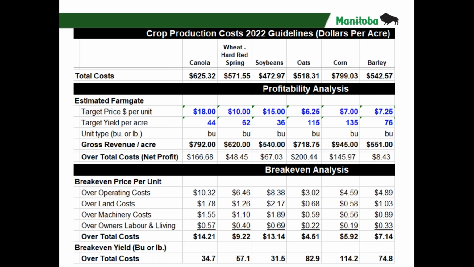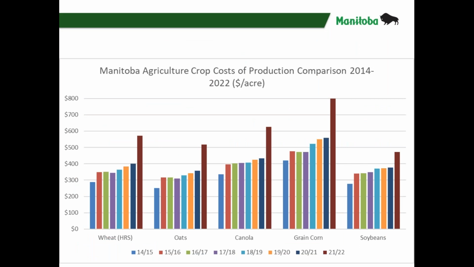So what we're seeing so far is that while there's some potential for profitability here, it's going to take a lot more money to grow this crop and bring us into this point of looking at potential profitability. Here's our look at our last several years of crop production costs from 2014 to current, and again, it's no surprise to see what's happened this year.